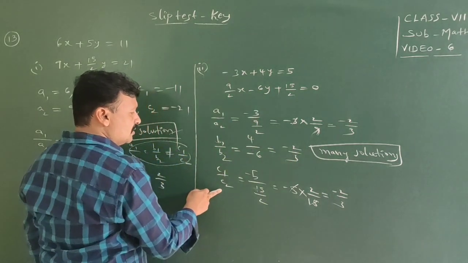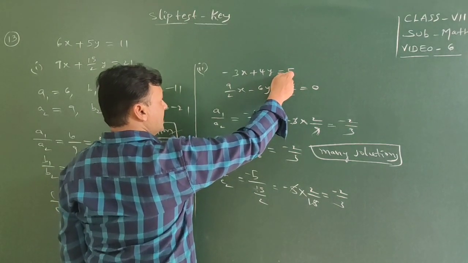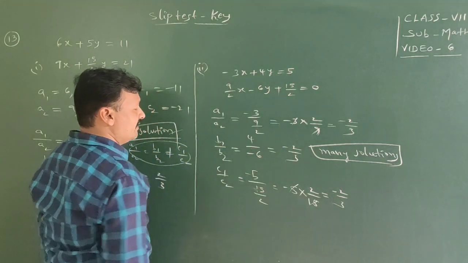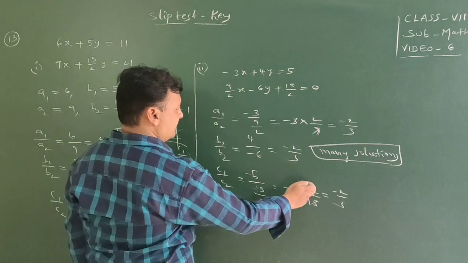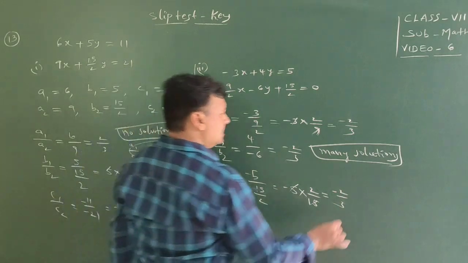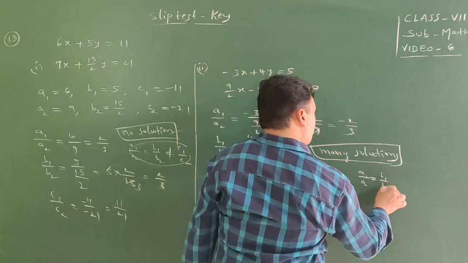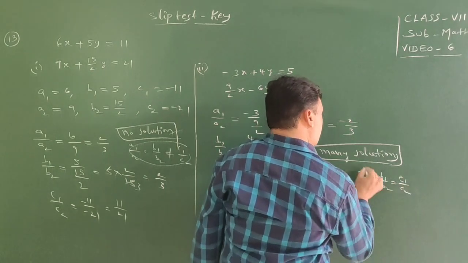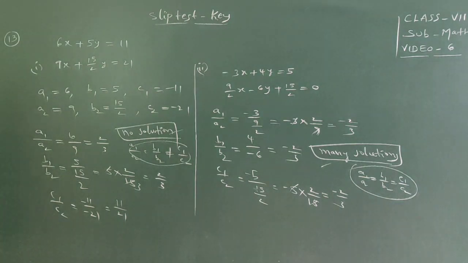Here C1 by C2 equals minus 5 by 15 by 2. After simplification, we get minus 2 by 3. Here A1 by A2 equals B1 by B2 equals C1 by C2. That's why it has infinitely many solutions. The second one is the required answer.